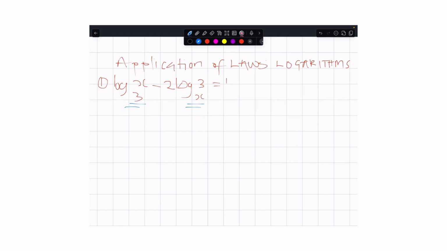So the first step we want to do when solving this equation, step number 1, is to make sure that we convert and get the same base throughout the equation. So how are we going to do that?